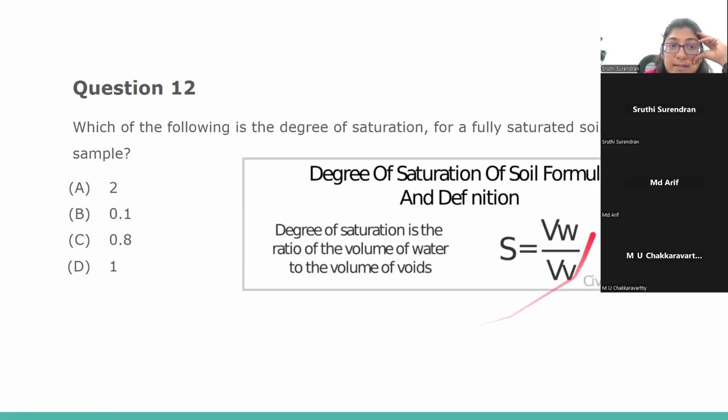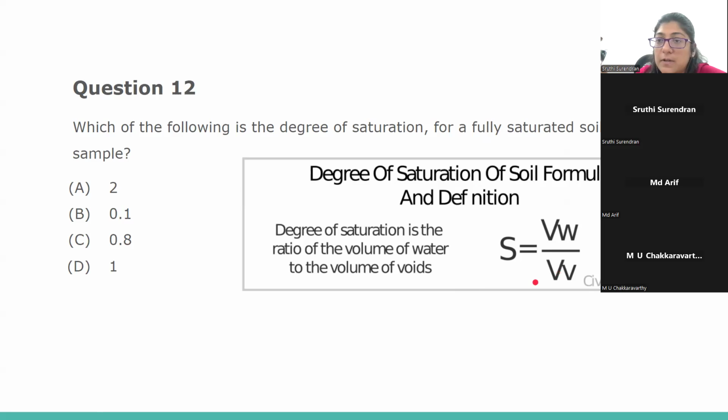Now, this next question is talking about another parameter called degree of saturation. The degree of saturation of a soil is the volume of water to the volume of voids. If you're considering the total volume of pores in a soil material, how much of the pores consist of water relative to the total volume of pores is referred to as the degree of saturation.